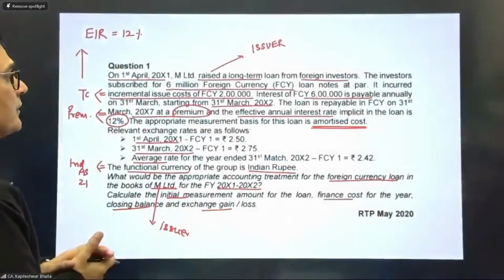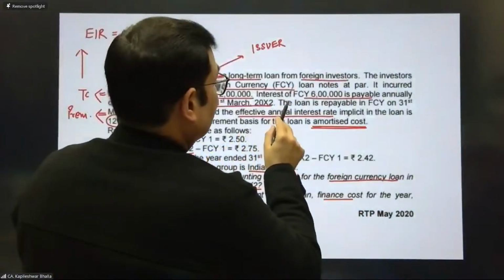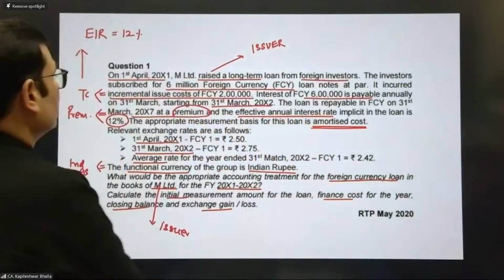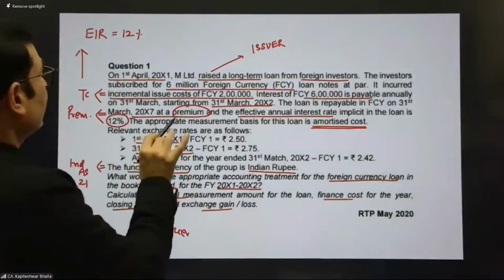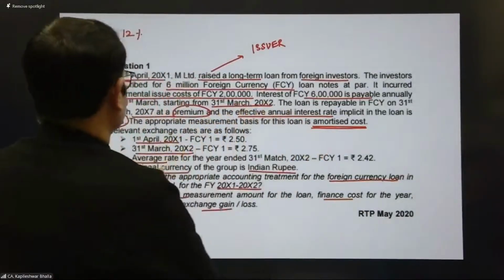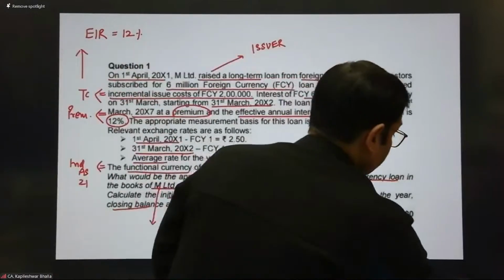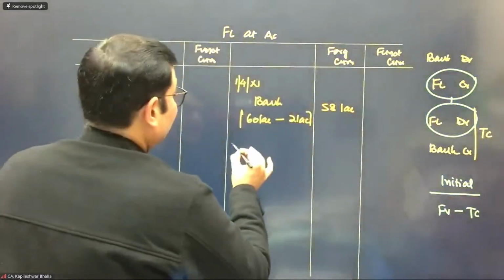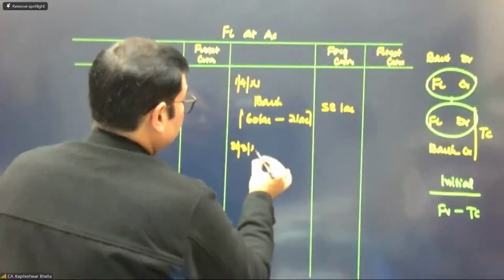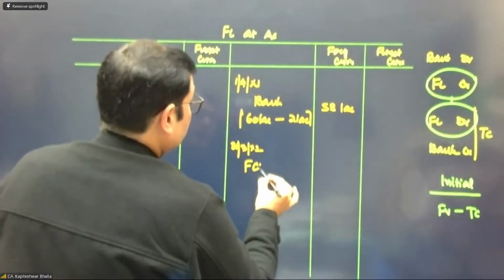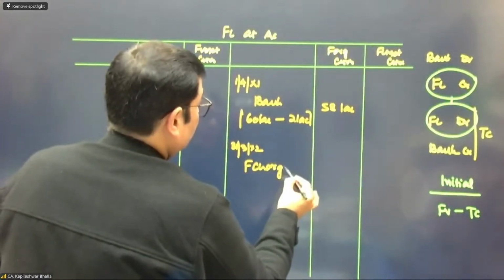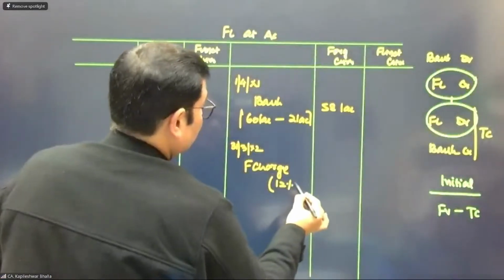Then it says the interest is payable annually on 31st March, 6 lakh. And the redemption will take place at a premium, which I'm not concerned with at the moment, but the EIR is 12%. So at the end of the year, we are going to consider the finance charge, and this finance charge will be taken at the rate of 12%.